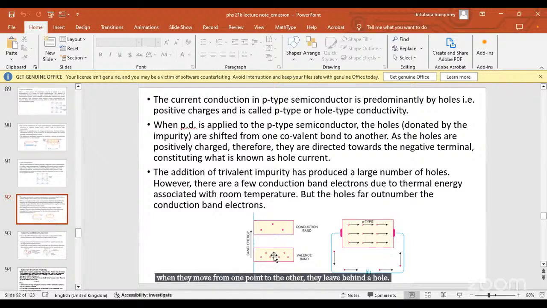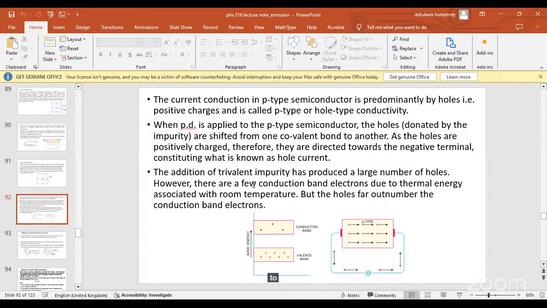So that is how it works. We just assume that the charge carriers are holes and electrons, but in reality, it's only electrons that move from one place to the other.